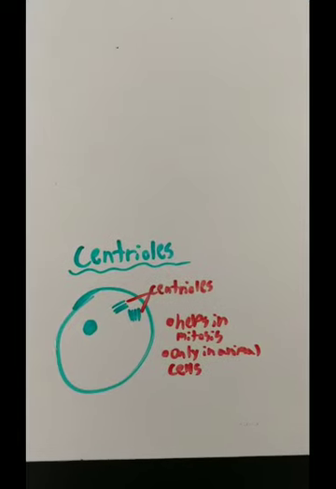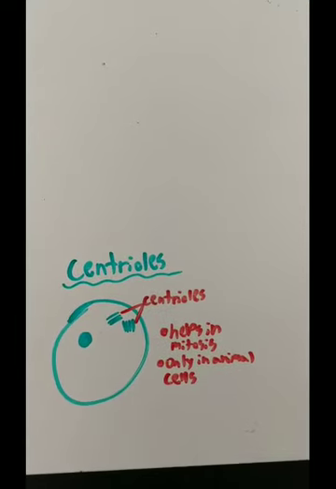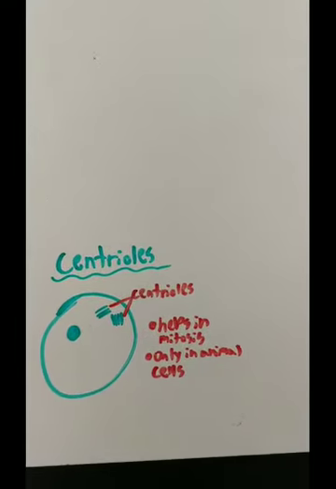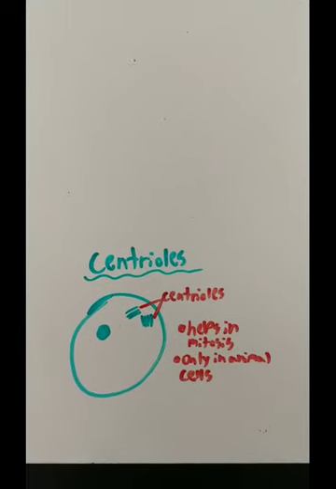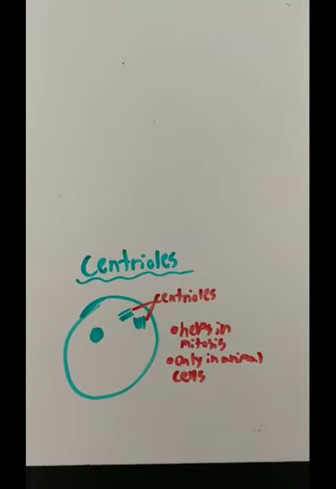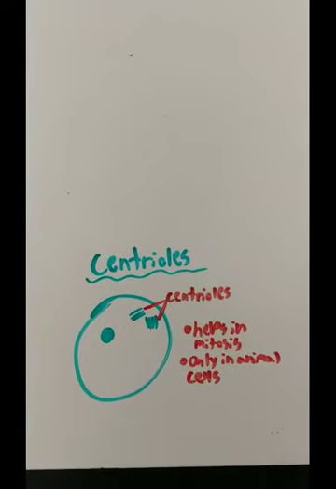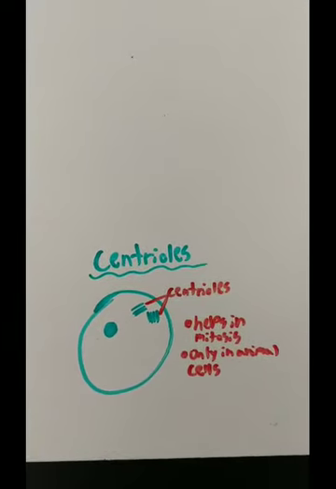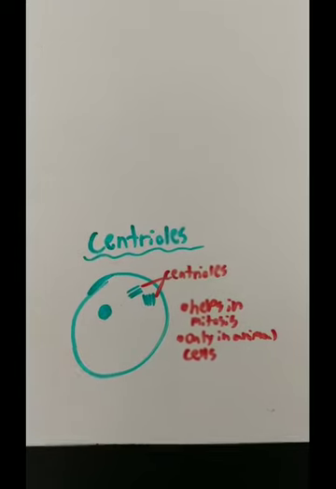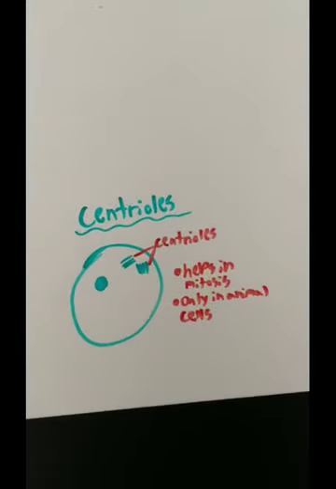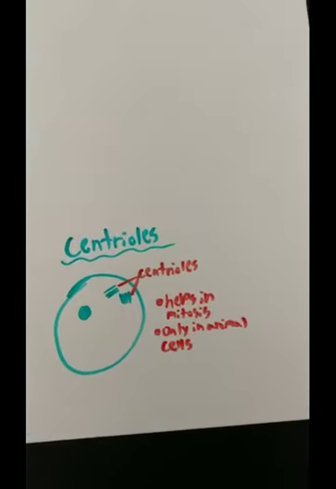I like to relate these to ushers at some sort of event. The ushers direct people to their seats in one section or the other, or in the front or the back. They help divide the population, and that's what centrioles do with the organelles when they help out with mitosis.